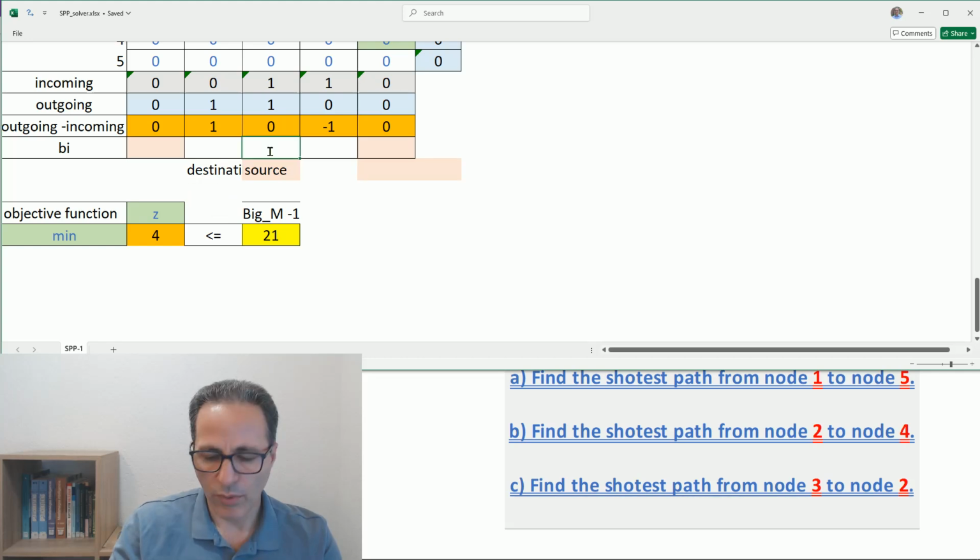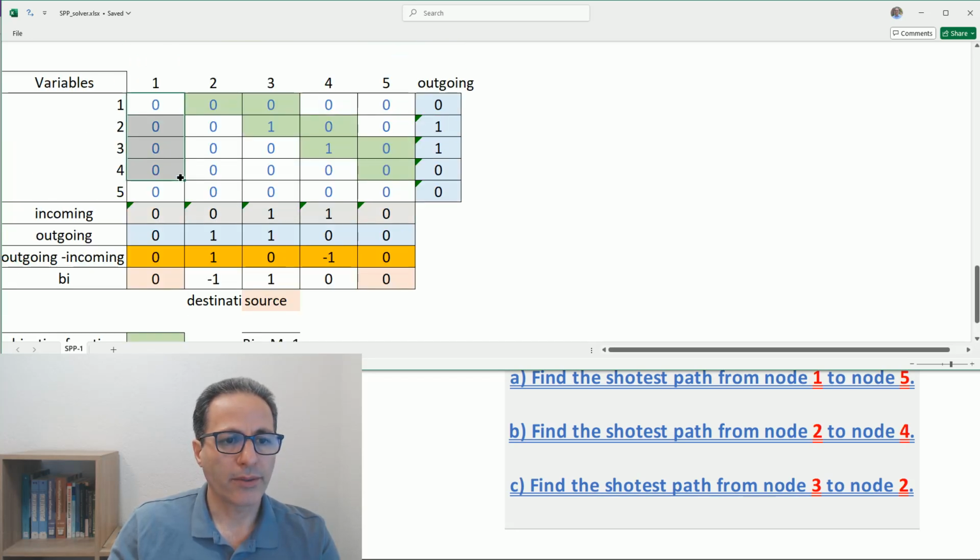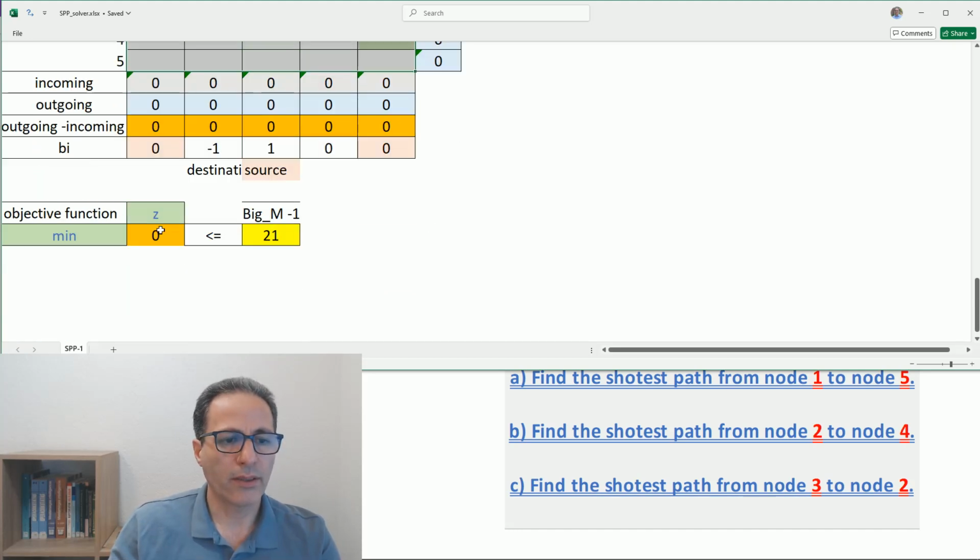So here we have 1, here -1, and the rest zeros. Now let's delete this one. And oh, sorry, I deleted the formula. I should delete these values. Now they are all zeros, and this is also 0.